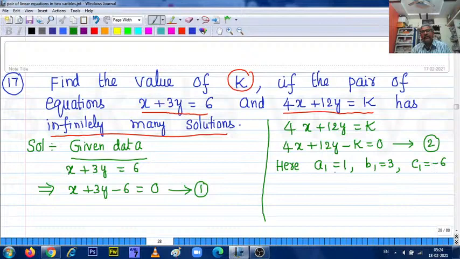From the second equation, a2 equals to, very simple, directly we can write 4, the coefficient of x is 4. b2 is equal to 12, c2 is equal to minus k. Do you have any doubt? I think no doubt at all. Clear? So now we need to find out a1 by a2, b1 by b2 and c1 by c2.